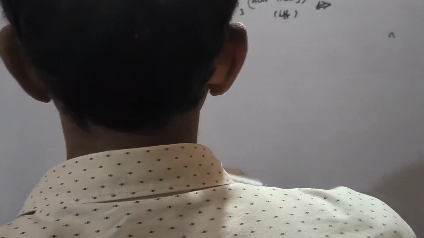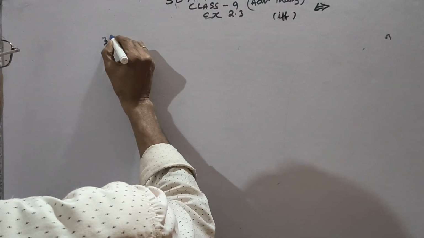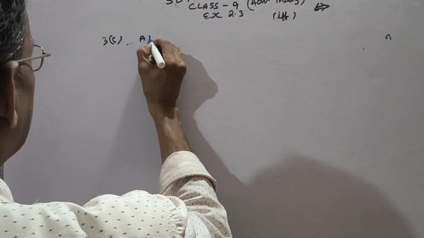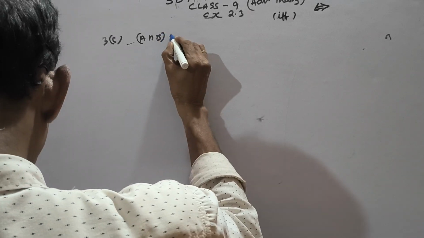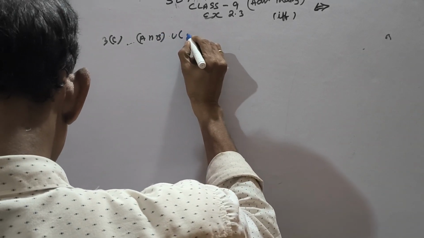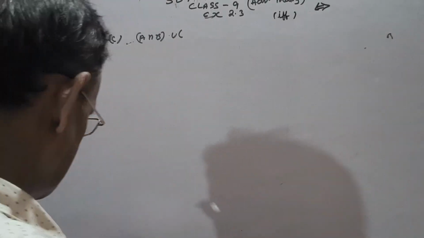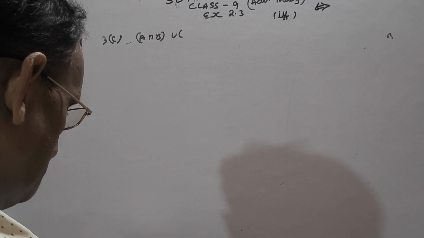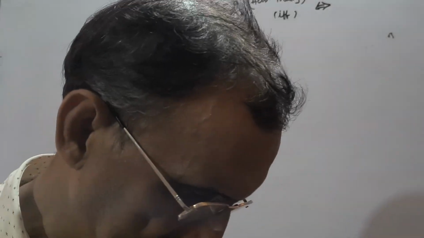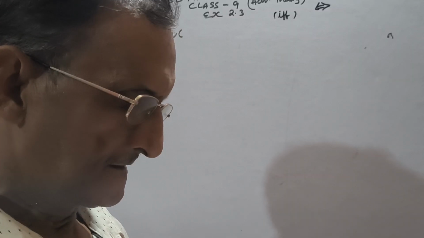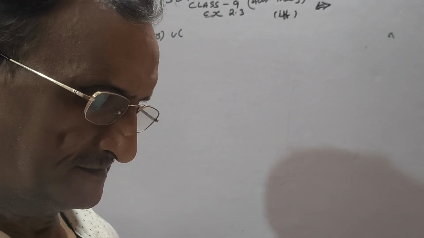Number C. A intersection B union... This is something wrong only. Let me check the question. We are doing which number?